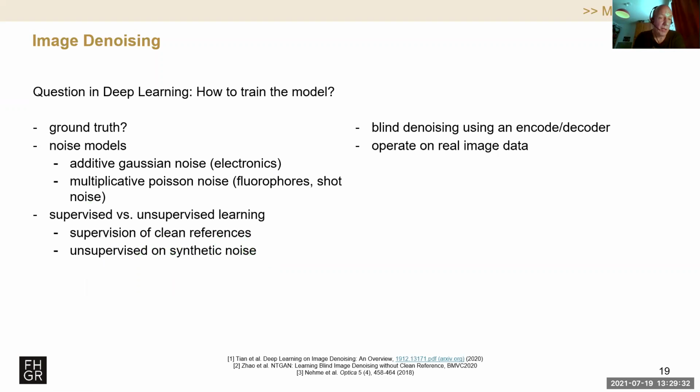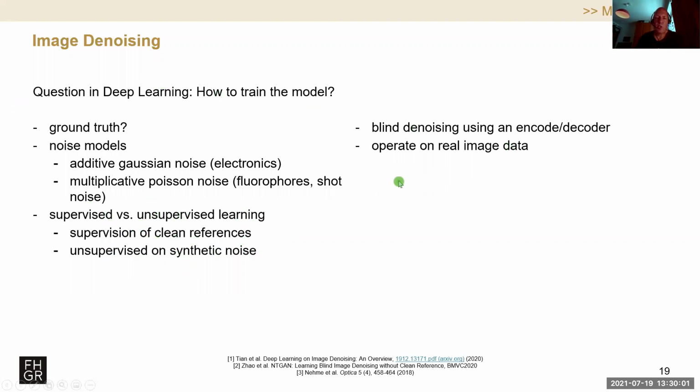The problem there is that the synthetic noise is never as real as the real noise. So then we would not have a solution to our real data denoising. Or we can possibly have clean reference images where there is virtually no noise. But if we have that, then we have already solved our problem. We don't need denoising anymore.